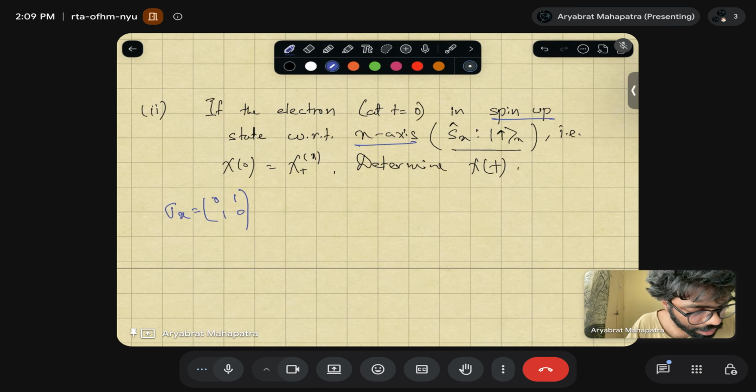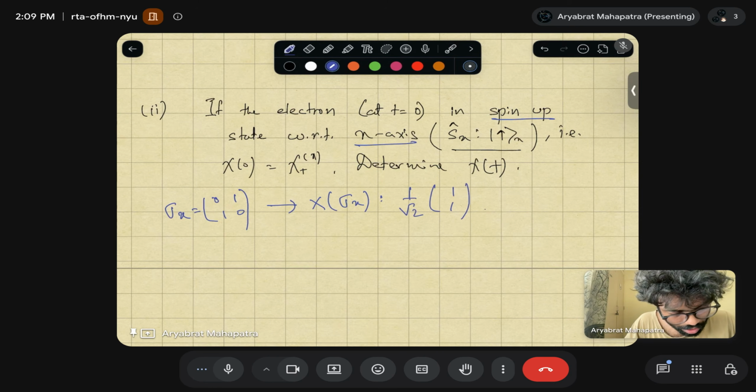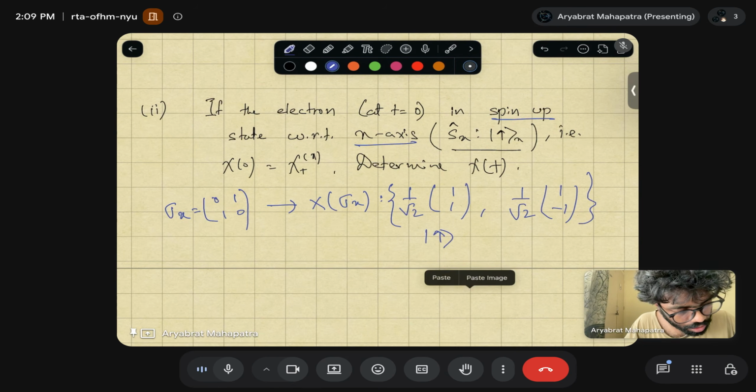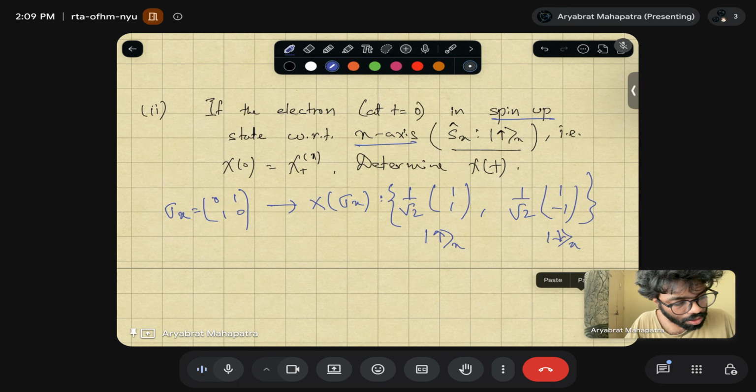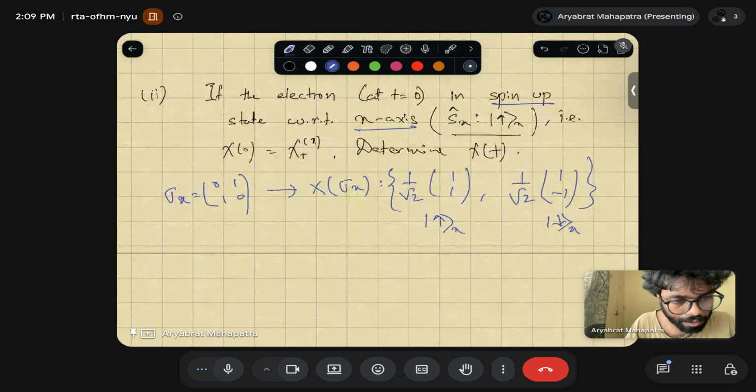It has two eigenvectors, if I denote these by sigma x, which are 1 over root 2 (1, 1), and 1 over root 2 (1, minus 1).